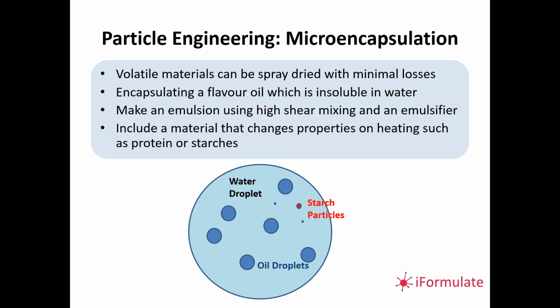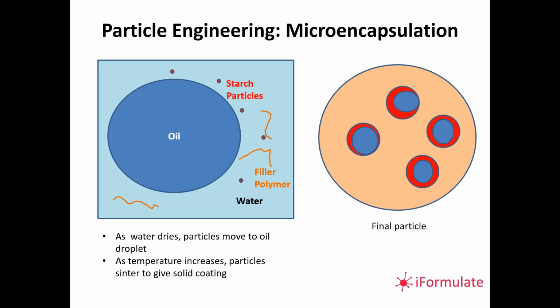As the droplets dry, the protein or starch particles, which are not that soluble, migrate to the surface of the oil interface, and as the particle heats up, the starch or the protein will start to sinter. It's very important then that you choose your starch or protein with the right properties to be able to do this.